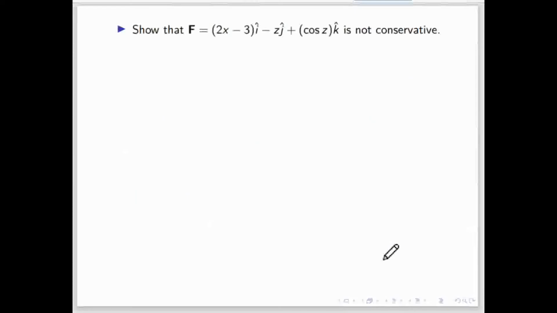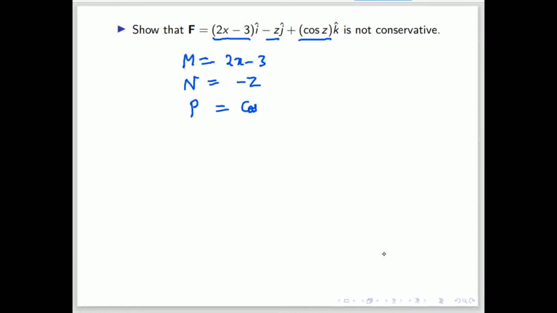So is this field conservative or not? That is the question. This is the value of M, this is N, and this is P. So M equals 2x minus 3, N equals minus z, and P equals cos z.